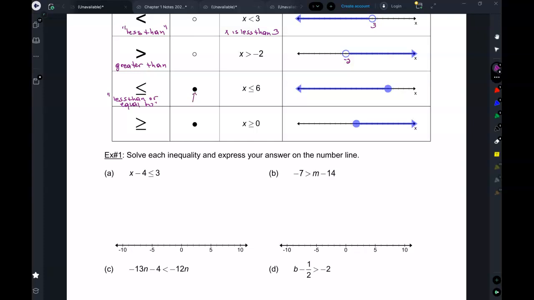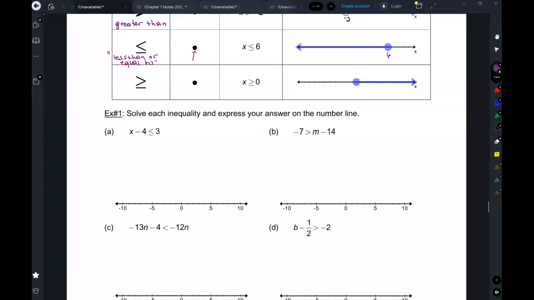So for example, if you have x is less than or equal to 6, I go to 6 on the number line, I put a closed circle, and I want to do an arrow over all the numbers that are less than 6, to the left. And then finally, this one is greater than or equal to. So if I have greater than or equal to 0, I go to 0, closed circle, and I go to the numbers to the right.